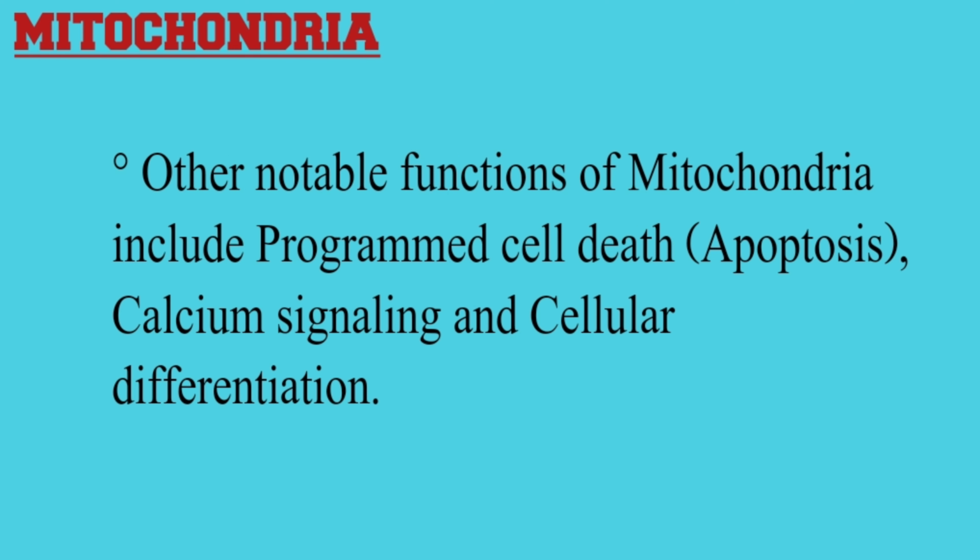Now, mitochondria is not just responsible for the production of ATP, but it also takes part in some other actions as well. For example, other notable functions of mitochondria include programmed cell death, apoptosis, which is a process in embryology that we will discuss in much more detail in an upcoming lecture.